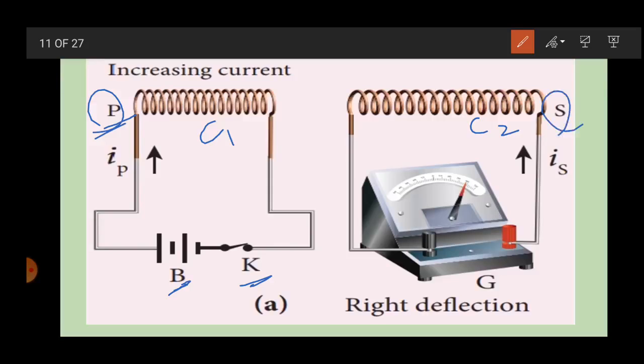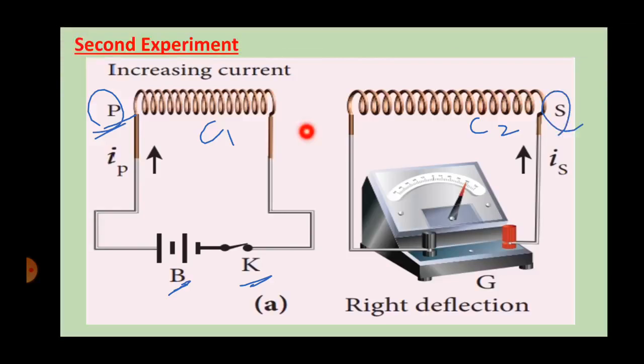The coils P and S are kept at rest in close proximity to each other. Proximity is nothing but nearness in space. So if the primary circuit is closed, now listen, this is a closed circuit, the electric current starts flowing in the primary circuit.